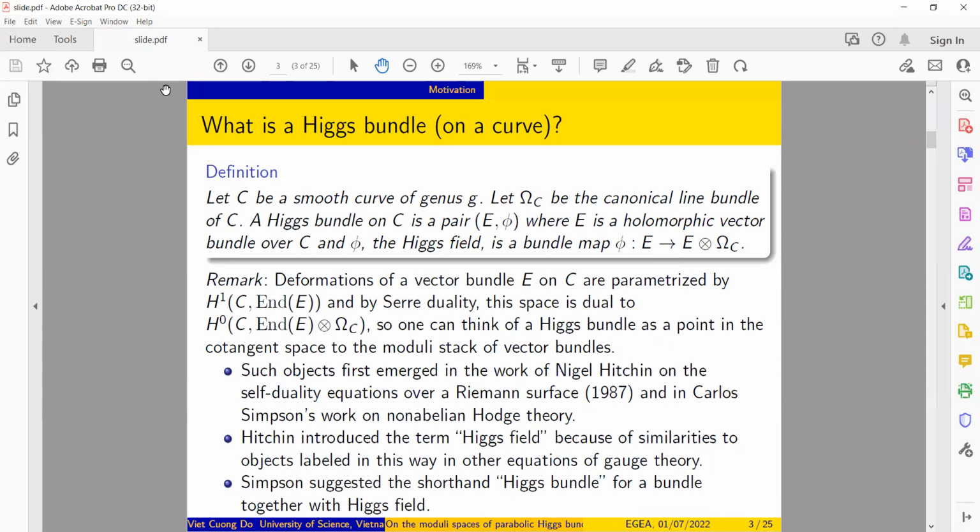So why do they call it a Higgs bundle? Hitchin first introduced the term Higgs field because there is some similarity with the objects in the self-duality equations of gauge theory, something like the Higgs boson in physics. And Simpson shortened this notion to Higgs bundle, for the bundle together with the Higgs field.